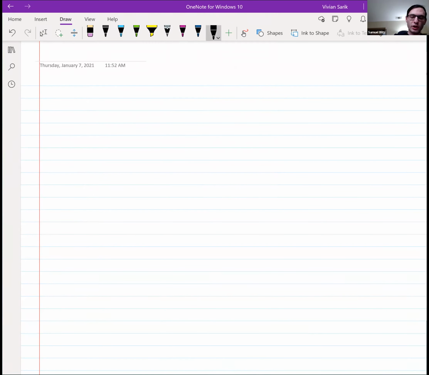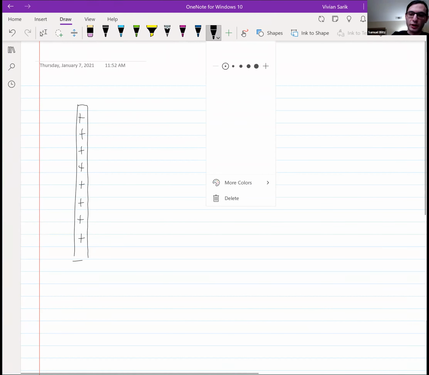Right, so we were looking at the electric field from a line of charge that was uniformly distributed. Actually, I do want it to be a little bit thicker.